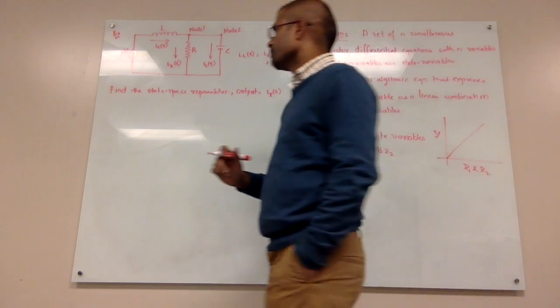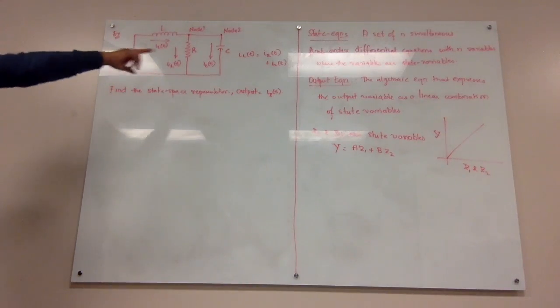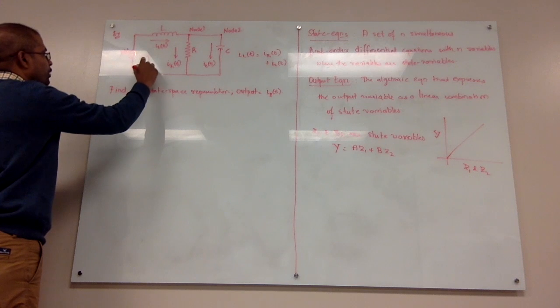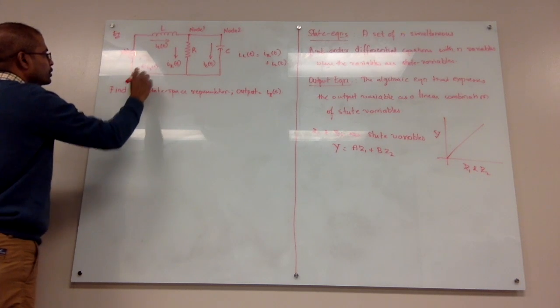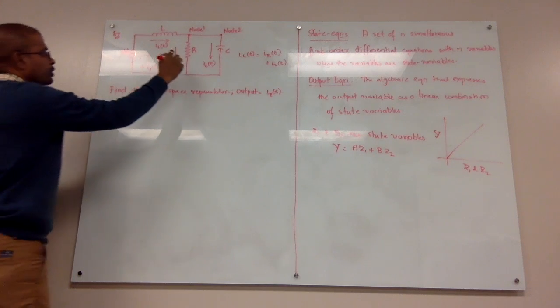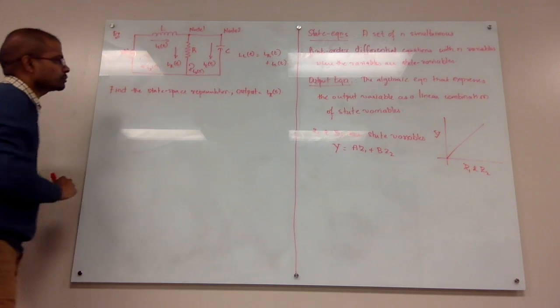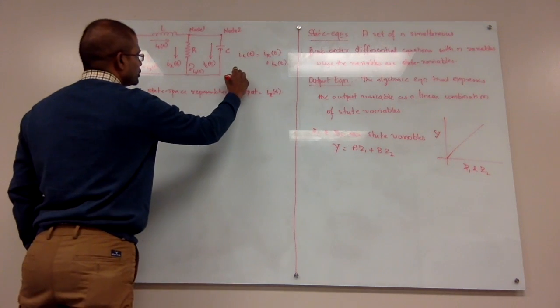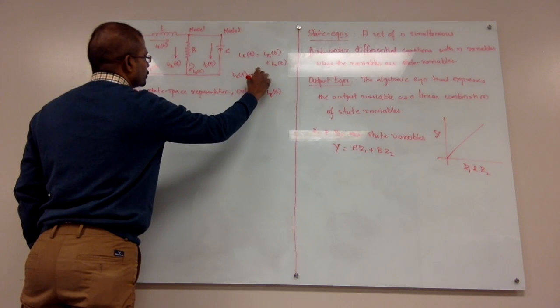If you're splitting the current through each component, that is how you represent it. If instead this is I1, a loop current through mesh 1, and this is the loop current I2 through mesh 2, IL would be I1.